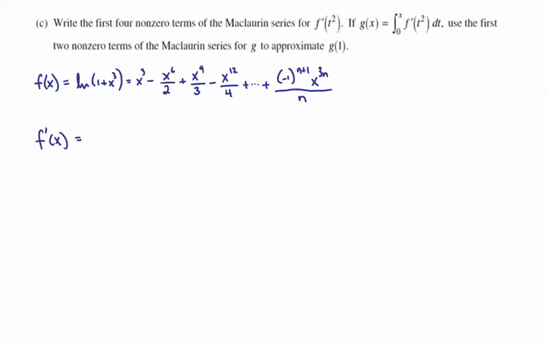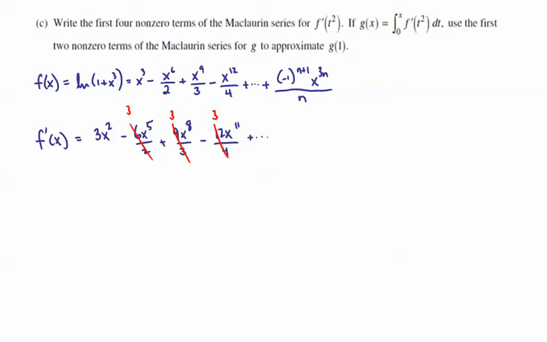of x. So that would be 3x squared minus 6x to the 5th over 2 plus 9x to the 8th over 3 minus 12x to the 11th over 4. And it goes on. Now you may notice then that 6 over 2 is 3, 9 over 3 is 3, 12 over 4 is 3.